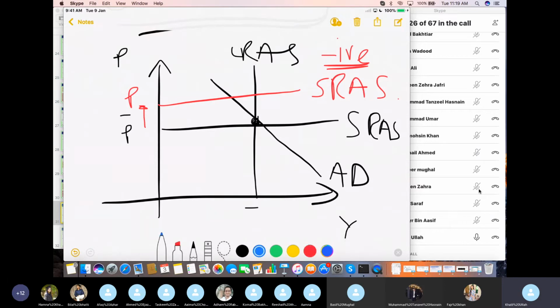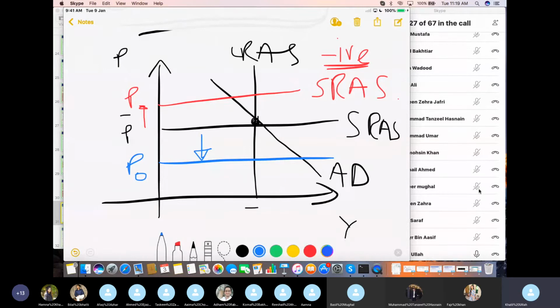Similarly, if this curve goes down, things are becoming cheaper. And if they're becoming cheaper, that's a good thing for the economy. And it's called a positive supply shock. Similarly, you can see this negative and positive effect over here. At this point B, GDP has fallen. That's why it's called a negative demand shock.